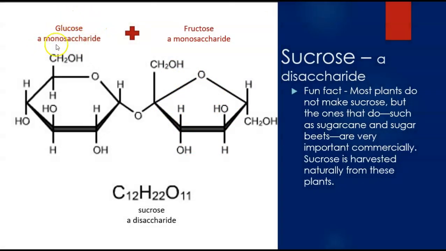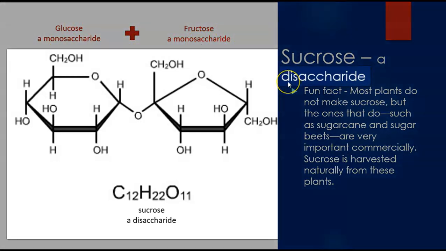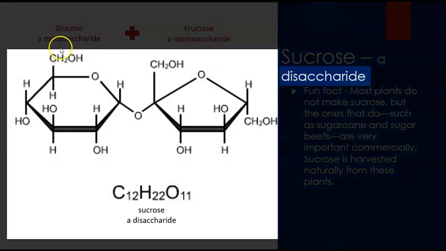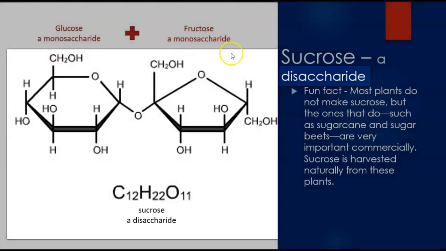Glucose is a monosaccharide. Fructose is a monosaccharide. And when you take one monosaccharide and chemically join it to another monosaccharide, you get a disaccharide, like 1 + 1 = 2.